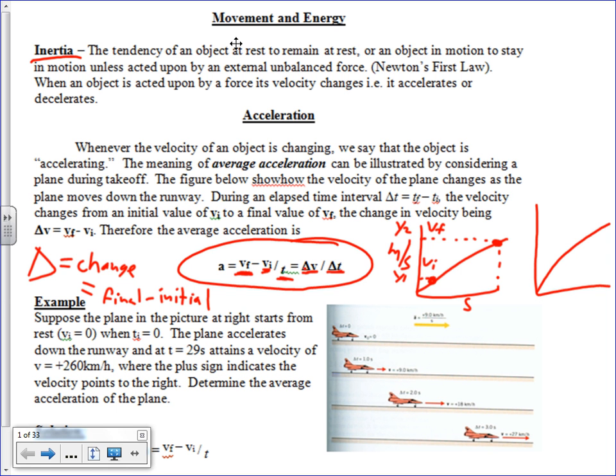And then this here would be the change in time. So is this formula really just a slope calculation from a velocity versus time graph?